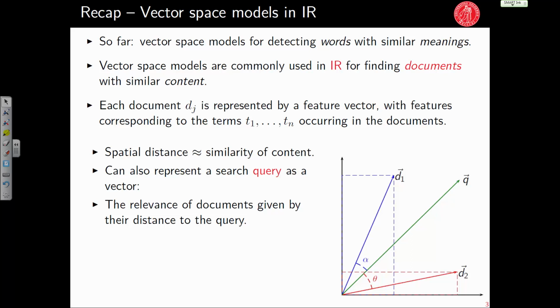Then you measure the distance or the cosine similarity, and the closer these vectors are to your query, the more relevant they are. That's basically the gist of it. It's not part of the course, but it's good to see how you can relate what you learned to another application.